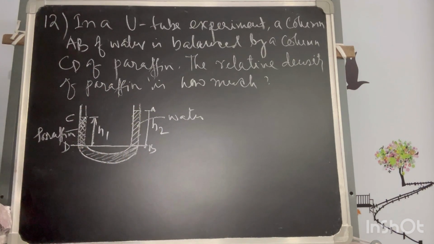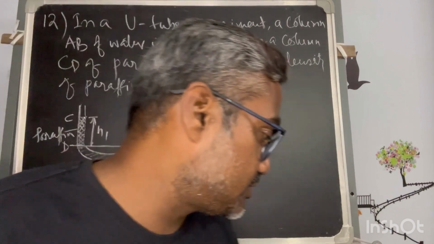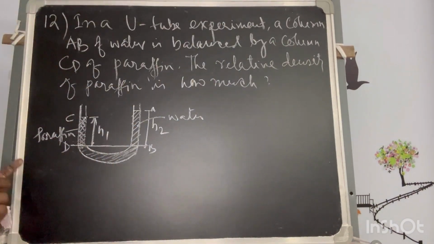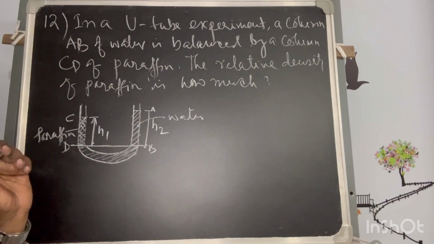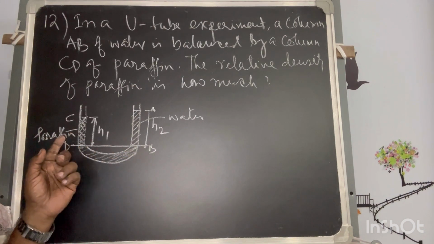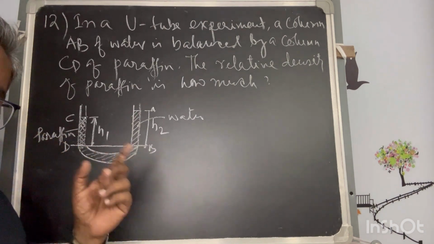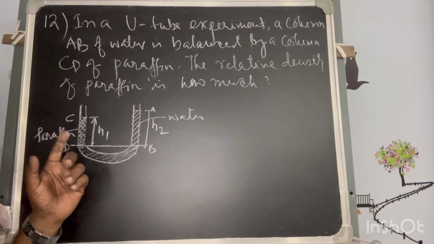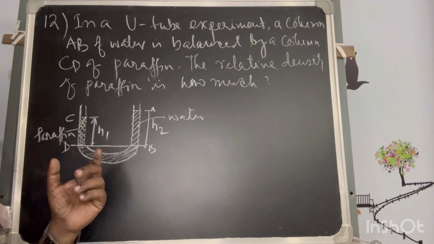Now, as per the earlier understanding, the pressure at one horizontal line passing through the two arms of the U-tube, which contains the same fluid, will be at the same pressure.